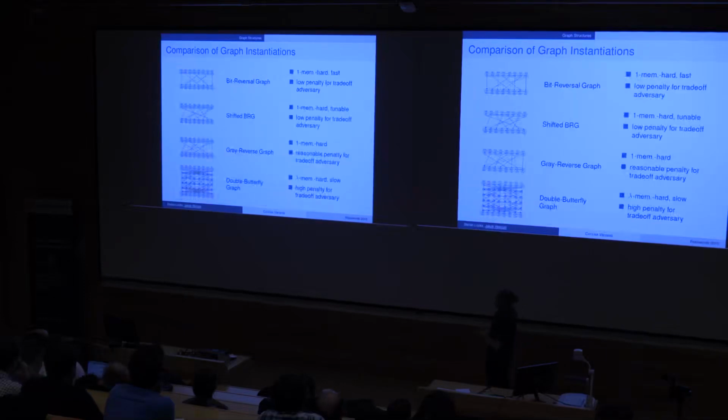Just for comparison, we have some really fast variant, some tunable fast variant, which does not protect very well against the attacks. Then some quite fast variant, which protects well, and the best protection is given by the most complicated variant, which is of course also quite slow.